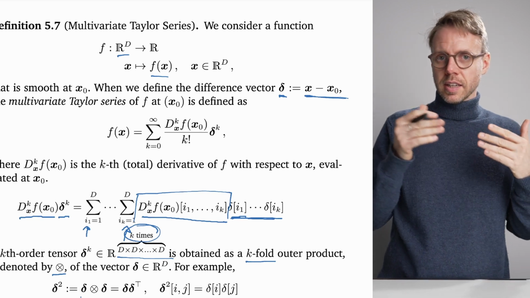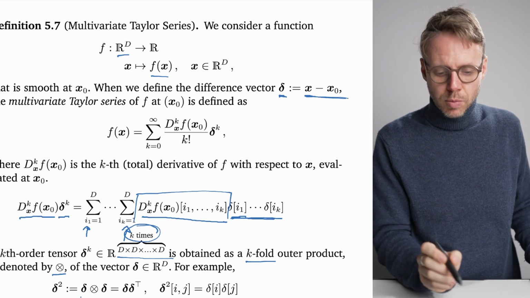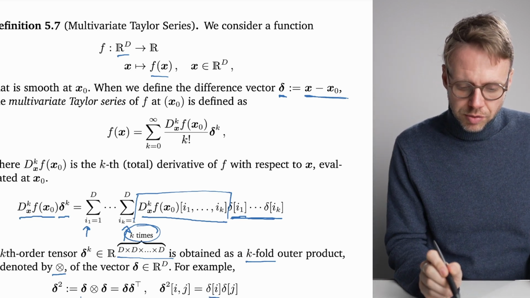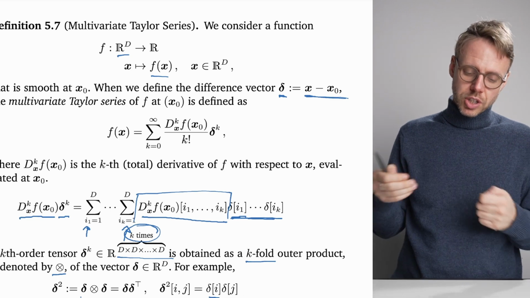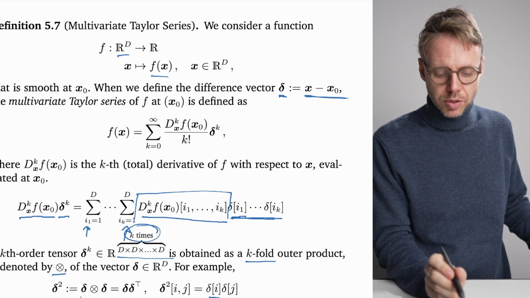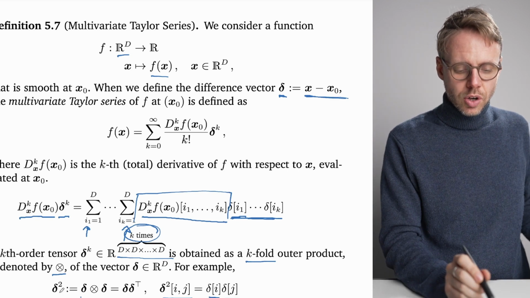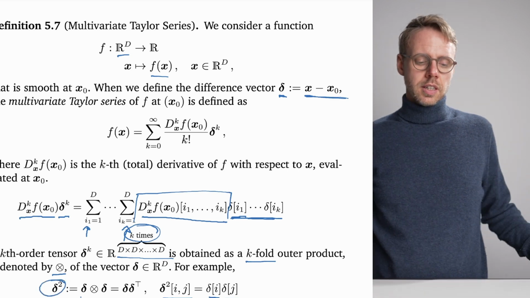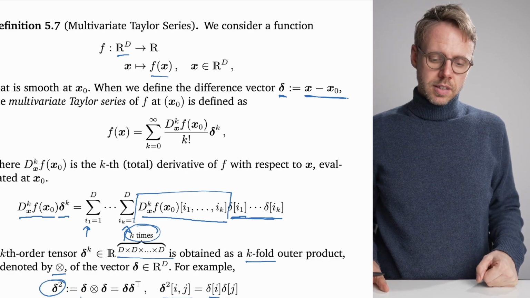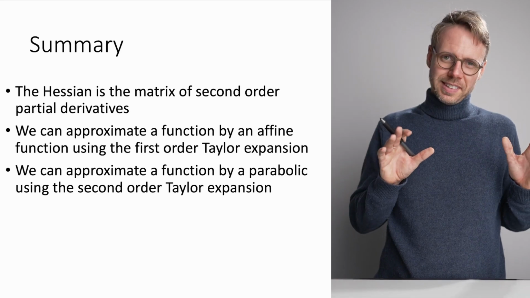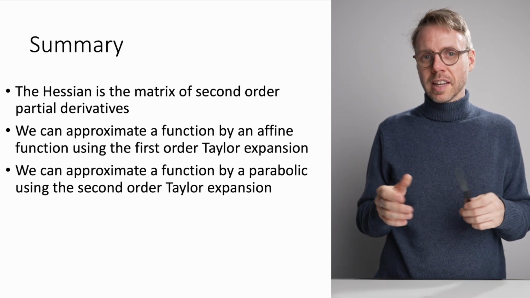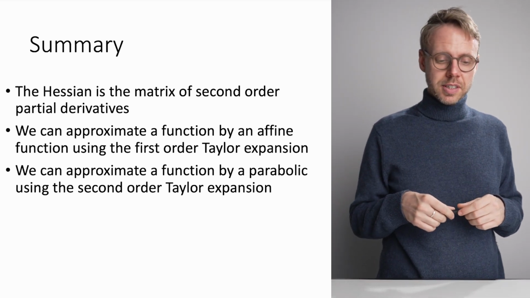You get a d by d matrix where the entries are the product of delta i and delta j. So the product of delta i and delta j gives you the ijth entry of this second-fold outer product.